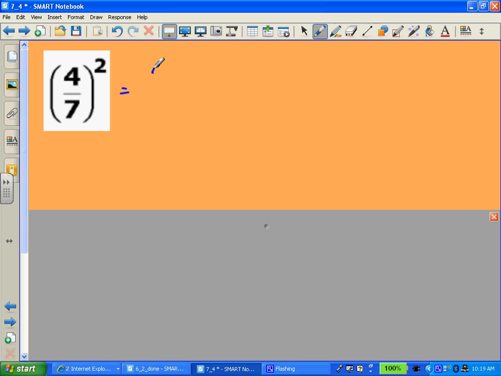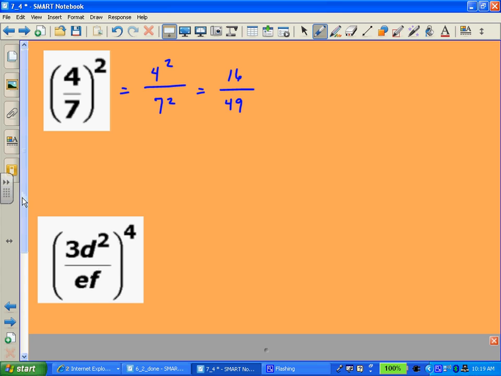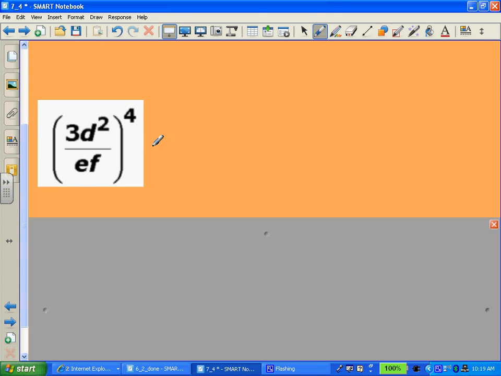So if we look at a few examples of this property, this would become 4 squared over 7 squared, which would be 16 over 49. A little more complicated one. Now, this 4 has to go to every part of the product and every part of the quotient.